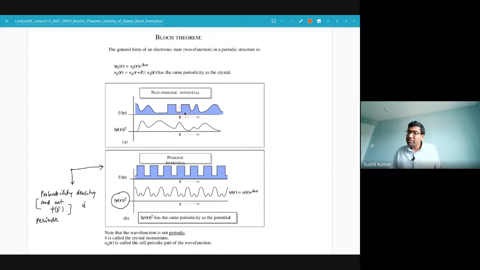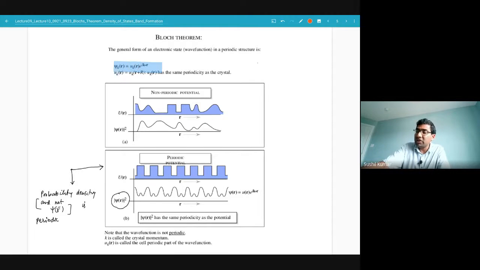What Bloch's theorem says is the following, and I'll repeat that. It says that the wave function, when you find the solution of the stationary state, so again, remember, we are not talking about time dependent here. We are only talking about stationary states. The stationary states are periodic. So this u function is a periodic function.